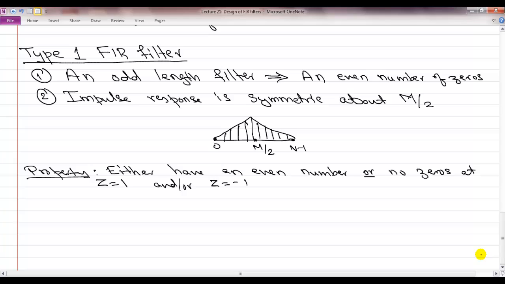So the type 1 filter is the most commonly used filter. It can be used for both high pass and low pass filtering and other types of filters. It's not very restrictive.